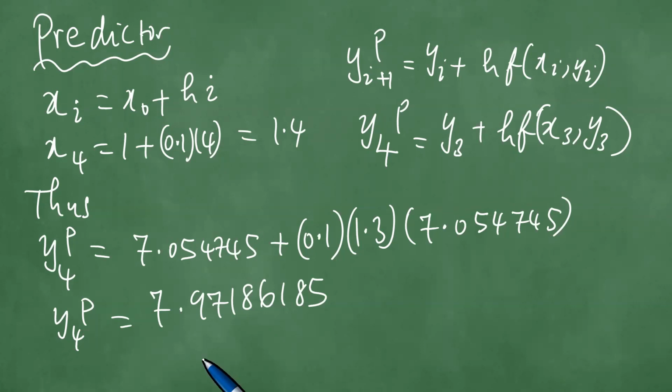I'm double-checking to make sure that we're getting the correct answers here: 7.054745 plus 0.1 times 1.3 times 7.05475.